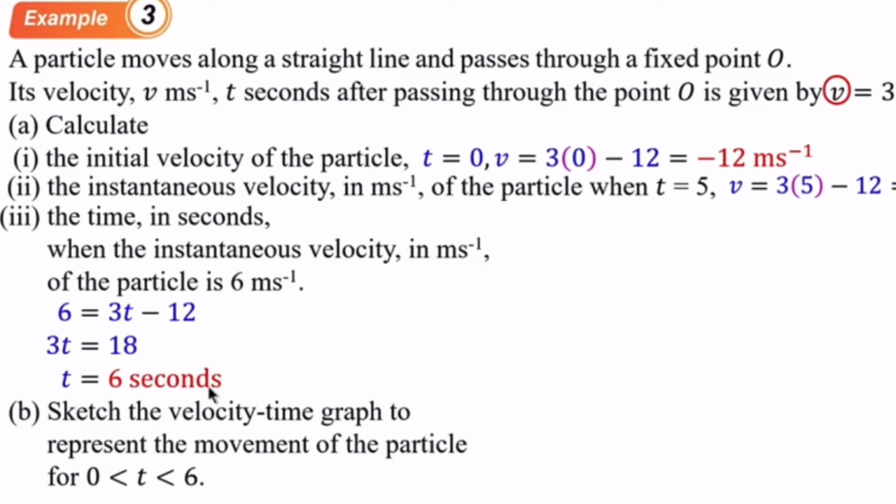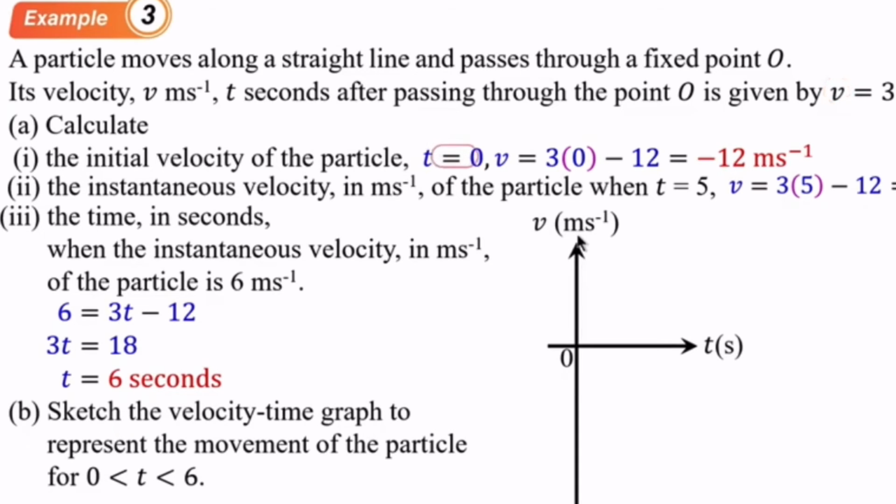So it's quite simple. For part B, we need to sketch the graph for the velocity and the time. Since the function looks linear, it's a straight line, right? So we will substitute: when t is 0, v is negative 12. When t equal to 5, we get the answer 3.